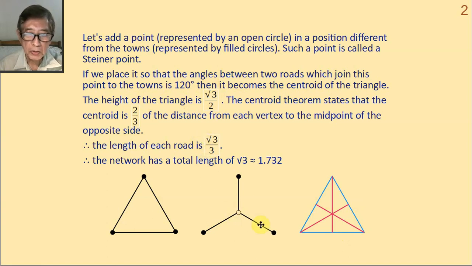Since there are 3 roads, the network has a total length of 3 times this, and that is root 3, and that approximates to 1.732. So this is an improvement over the 3-unit network previously.